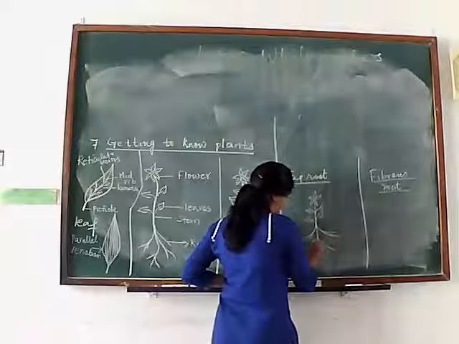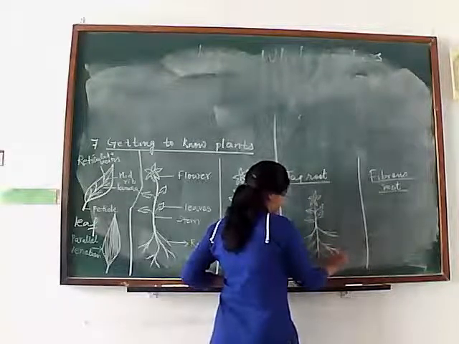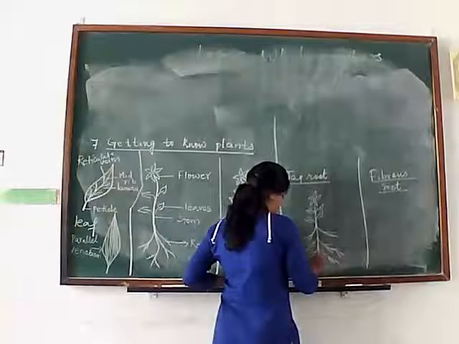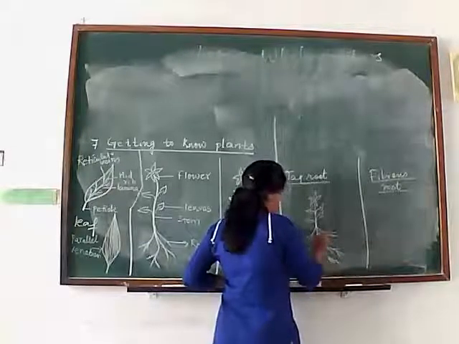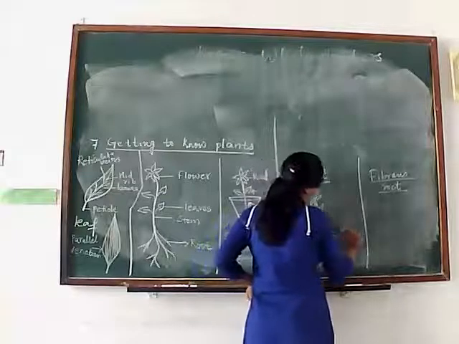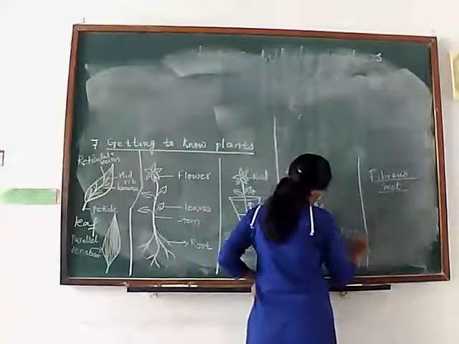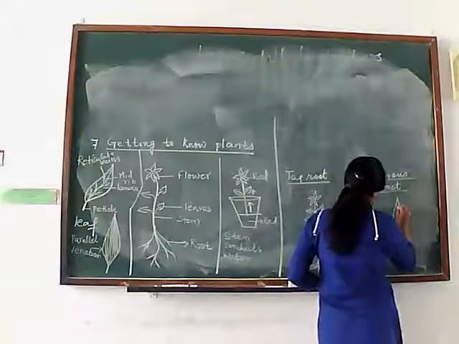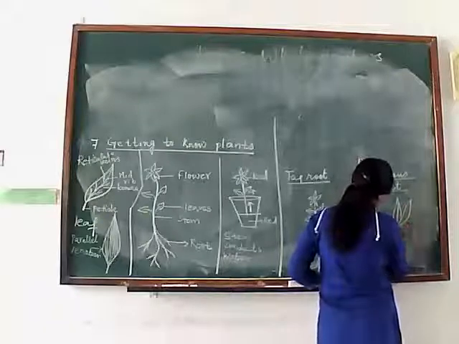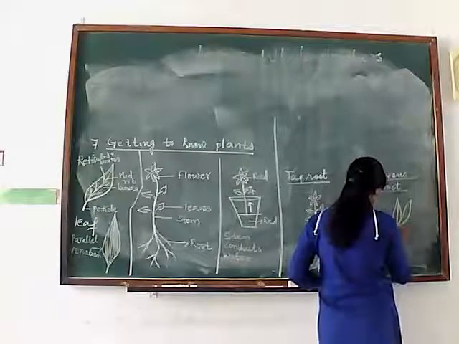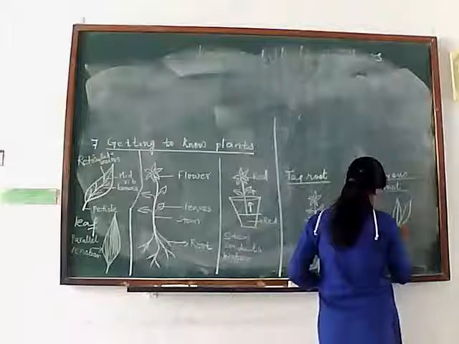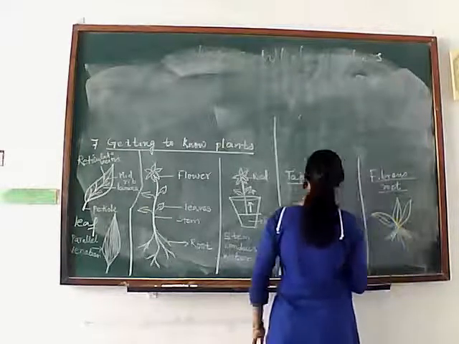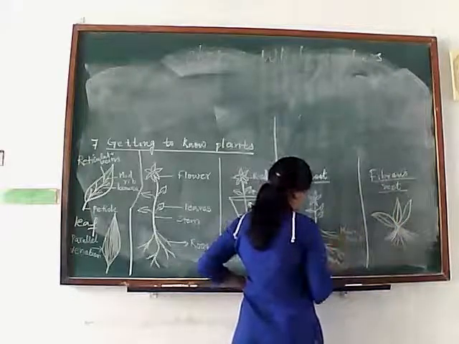There's only one main root, and these are its branches. Fibrous root. This is the main root and these are secondary and primary roots.